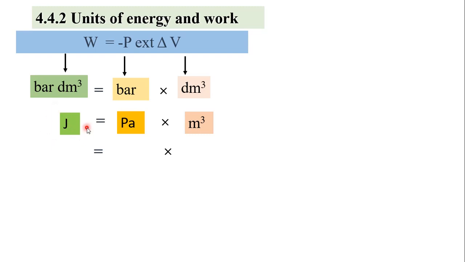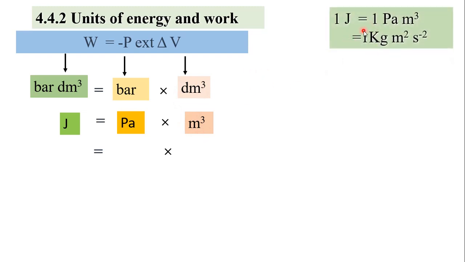Then work obtained is in joules. Now if you want to convert bar dm cube into joules, then you have to convert pressure from bar into Pascal, and dm cube into meter cube. So 1 joule is equal to how much?